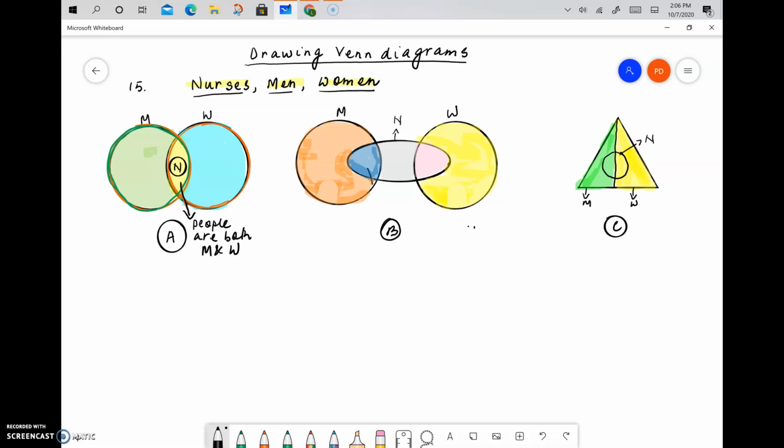And then we've labeled that with N, which is telling us this is the same as people who are nurses. So basically, the conclusion that we draw from this Venn diagram is nurses are people who are both men and women, right?